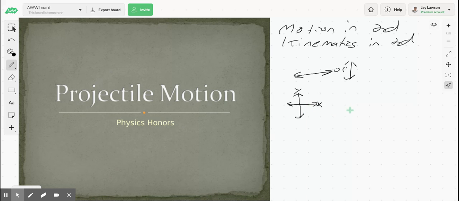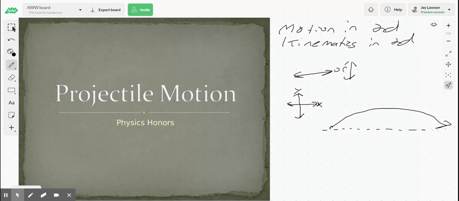Projectile motion. So what is projectile motion? Well, projectile motion, you'll learn, is a parabolic path an object takes while in the air. And it consists of two dimensions.